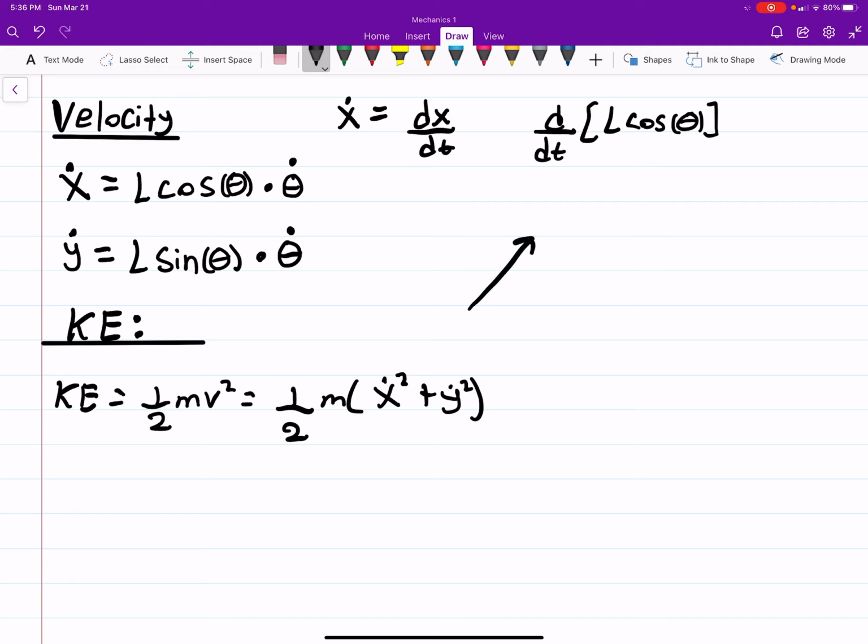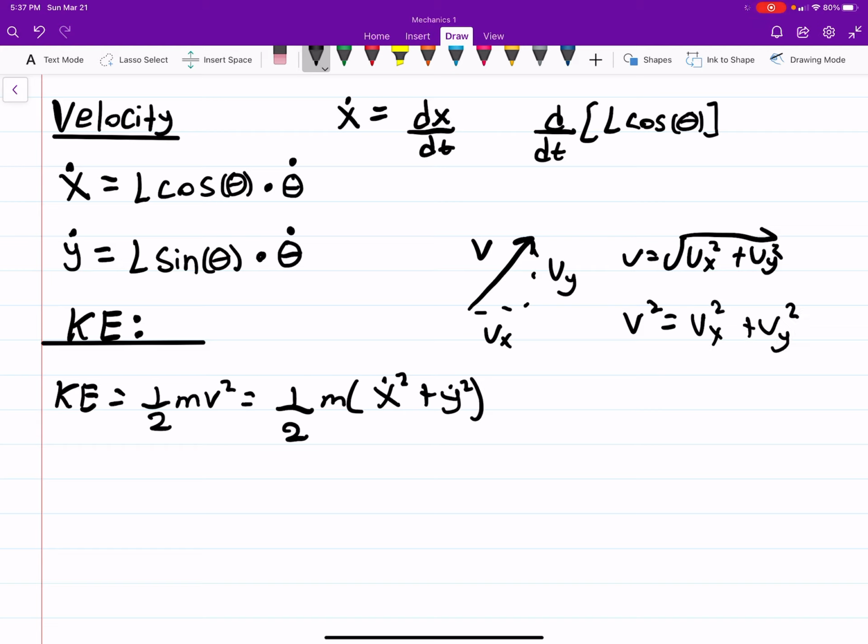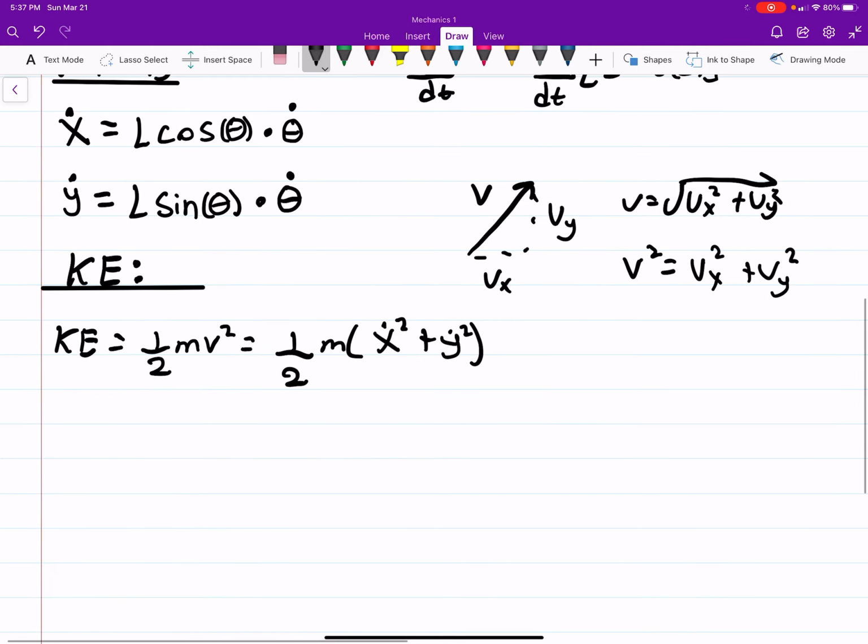Because for our velocity, you have the x component and the y component. So v is the square root of vx squared plus vy squared, and then v squared is just the square of our components added together. Obviously it looks a little different than physics 1, but it's the same idea.